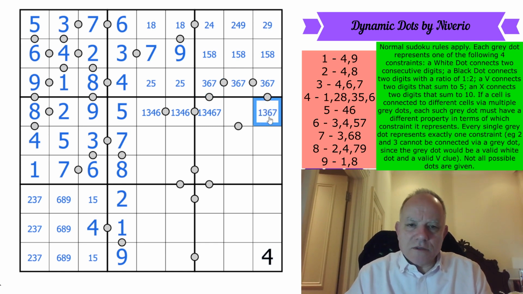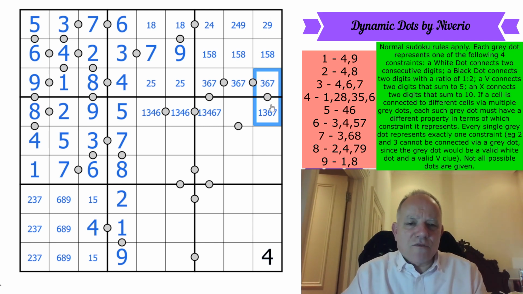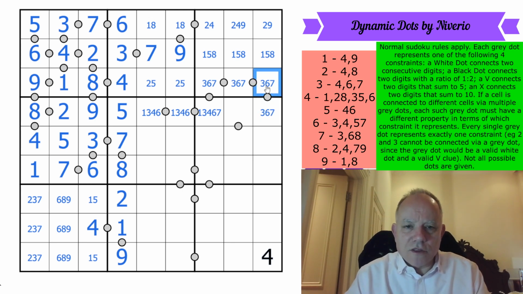That's 1, 3, 6, or 7. Now, these two could be 3, 6, 3, 7, 7, 6. This can't be a 1, though, because that doesn't join to 3, 6, or 7. So actually, that is the same as that, definitely, because this cell has to appear in one of these 3. It can't appear there by Sudoku, and there by the rule that would make these two whites, these two dots the same colour.